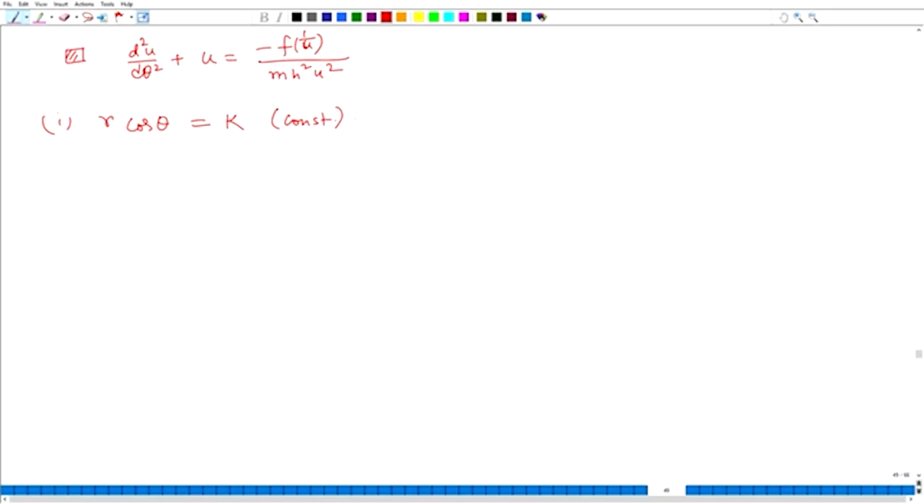Then I can actually start with a little bit easier one, and you actually tell me why I am taking that. r sec theta is equal to k, or maybe, just a minute, let me think.